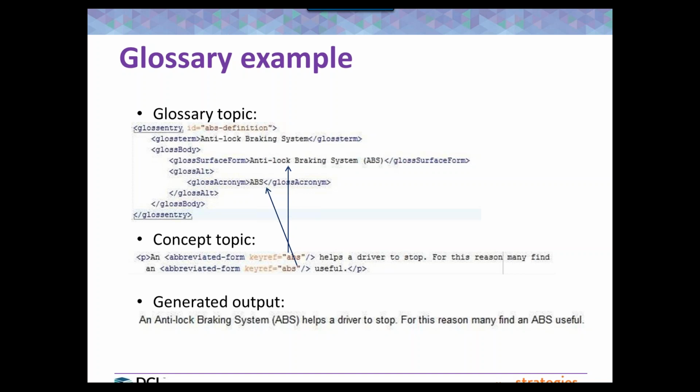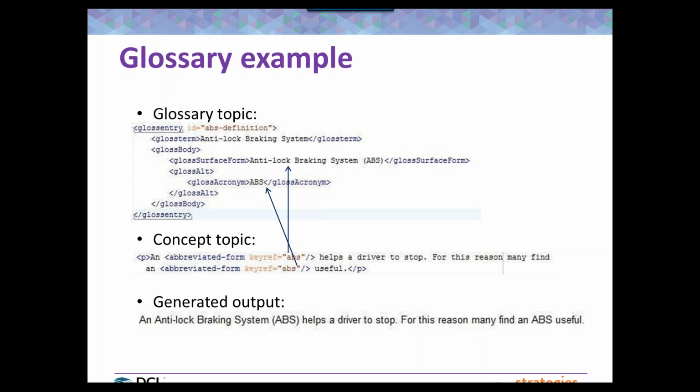No, that's the piece that I didn't include in this. I failed as a professional communicator. It's saying the abbreviated form, I want you to resolve this key with this reference, which is ABS. In the map that contains and references this topic, it would have the syntax that says the key ref for ABS in this map points to the ID ABS dash definition.